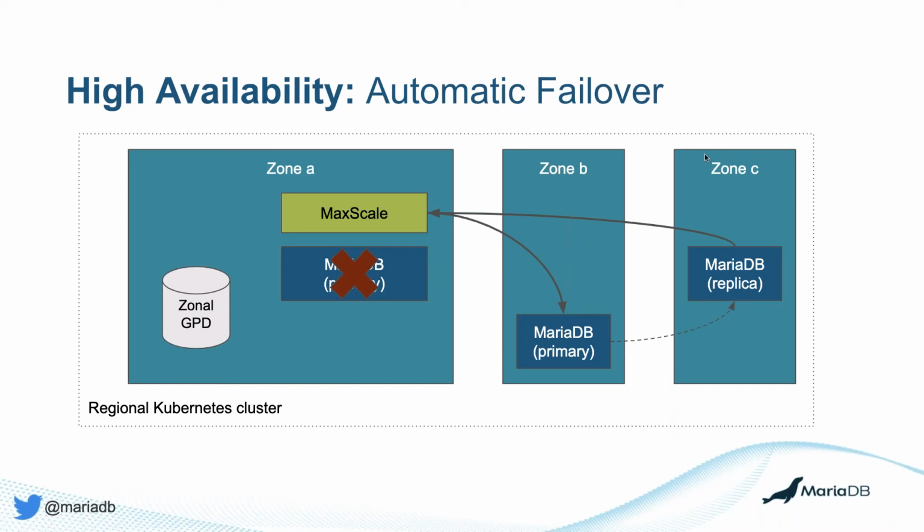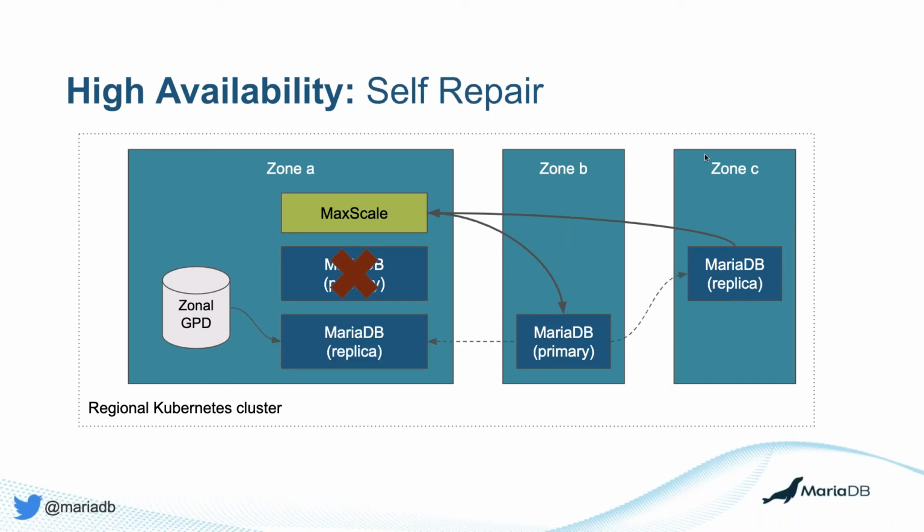But the problem now is that we only have 2 database instances that are available to us. And so this could possibly start to put a little more strain on the system. Well, that's when Kubernetes really enters the chat, right? And Kubernetes will then in turn respond by spinning up a new instance of MariaDB.